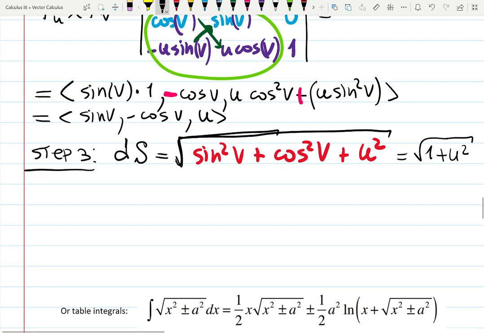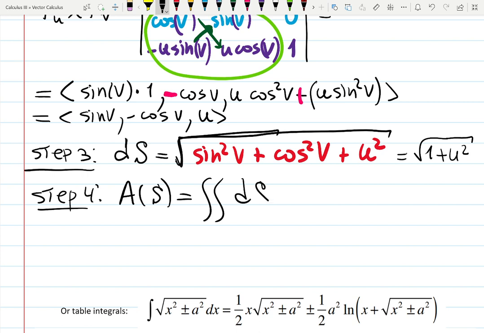And the last step is actually to integrate. Step 4, we're looking for surface area. So some people call it A of S. There's no international notation here. People call it anything. So just get ready to see different notations in different books. Equals double integral ds. That is a short notation of the formula over D. So we found it.